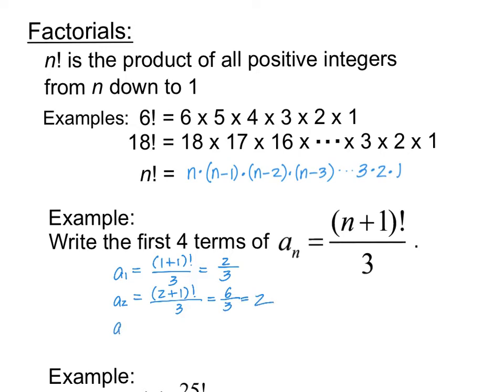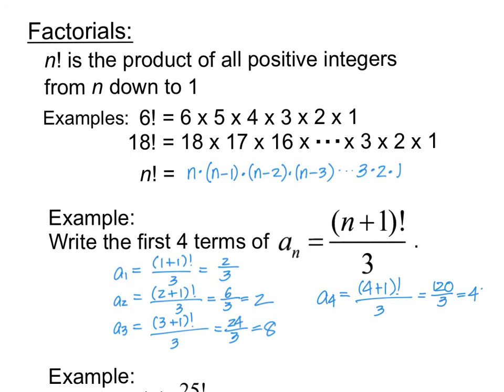Okay? A sub 3 is (3 plus 1) factorial over 3. 4 factorial is 24, so that's 24 over 3, 8. A sub 4 is (4 plus 1) factorial over 3. 5 factorial is 120, so that's 120 over 3, which gives you 40.